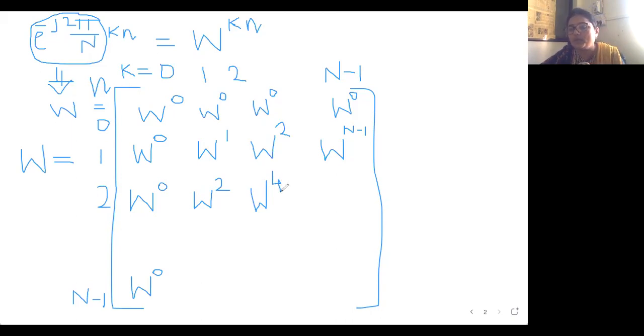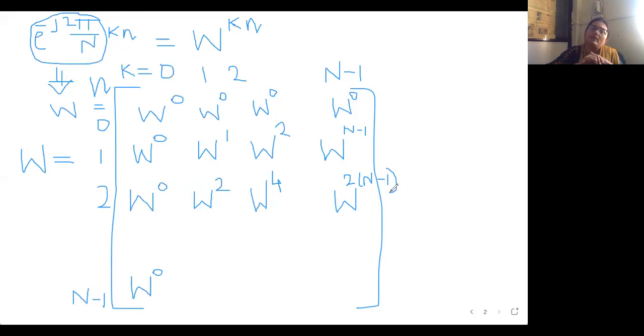What will be the value of this? 2 multiplied by 2, so I will get w raised to 4. And at the last column, n is 2 and k is n minus 1. So here I get 2 multiplied by n minus 1.